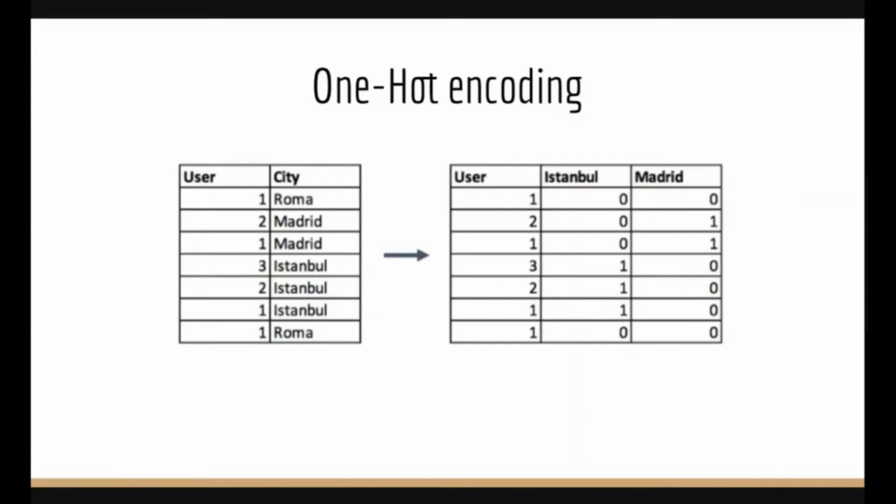So after giving it to the get dummies function, our data will finally look like this second table. What it has done is made every single city name into a column by itself with binary values, which can be easily understood by machine learning algorithms.